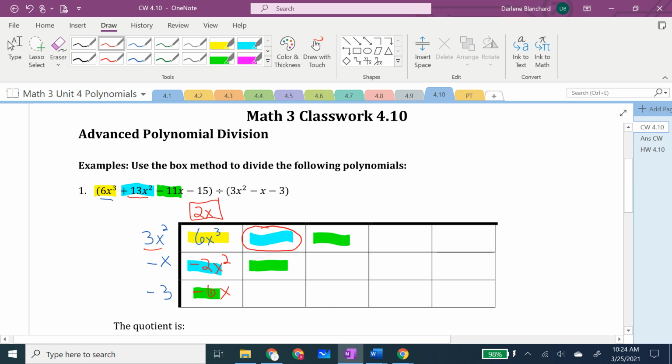I have to make sure that that box allows me to add to negative 2x squared and get 13 of those. So what do I add to negative 2x squared to make it 13x squared? Okay, so 15x squared.